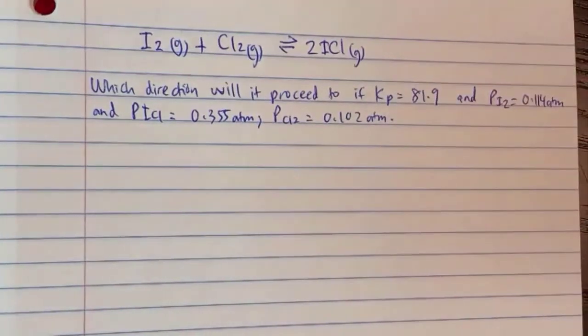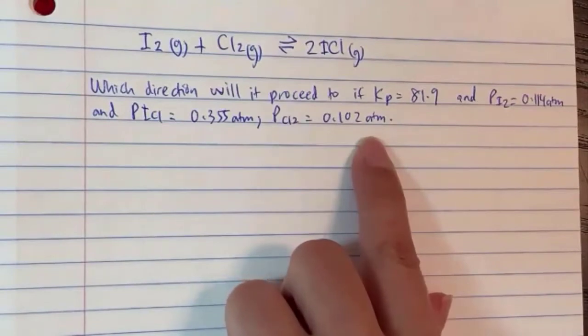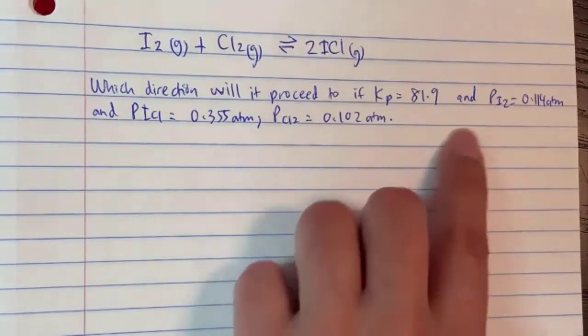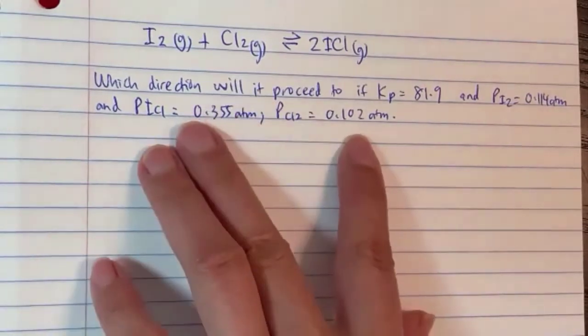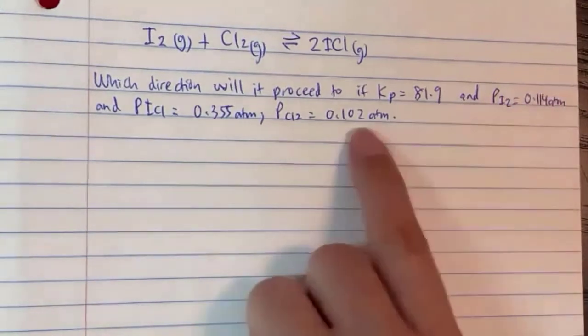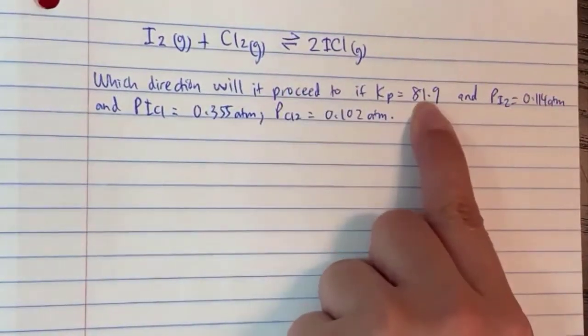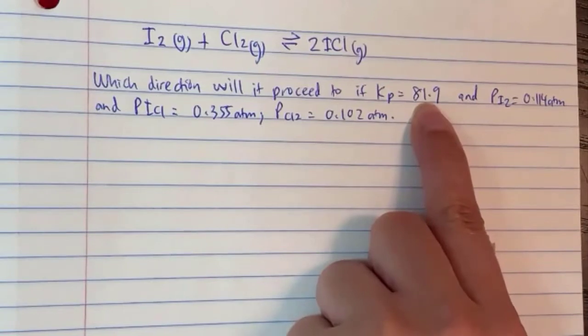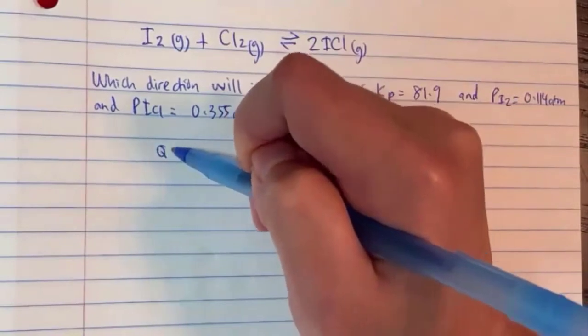So they gave you a scenario here, and they're not going to tell you what to do. In this kind of situation, if they ask you which direction will it proceed, and give you some sort of concentration or pressure, you want to say these values will give me Q, and I'm going to compare it to this K and see which way it's going to move. Okay, so the first thing you want to do is put in what Q is.